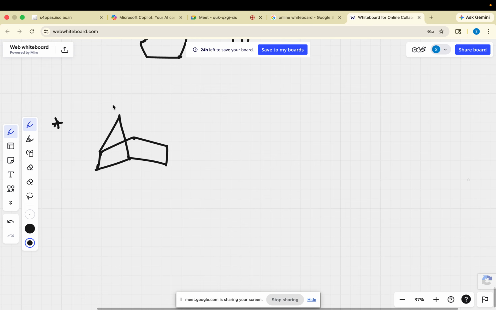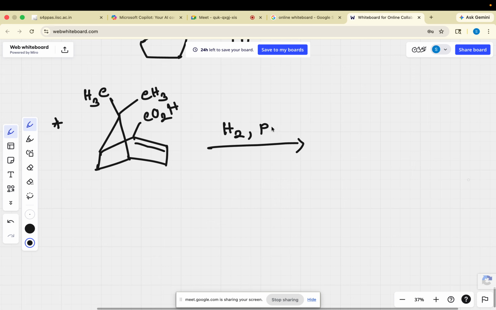Suppose I have this. Here you have a double bond, here you have CO2H, and here I am adding hydrogen in presence of PtO2, platinum oxide. So what will happen?